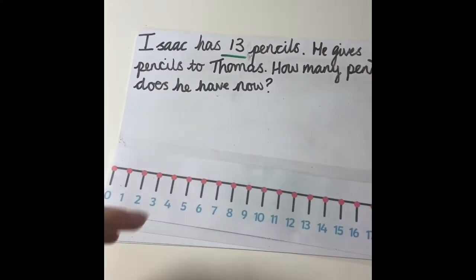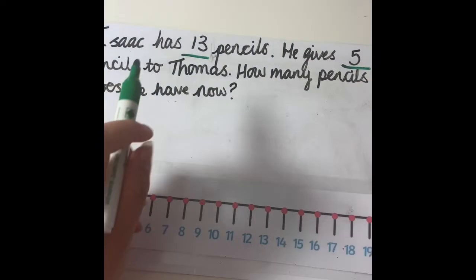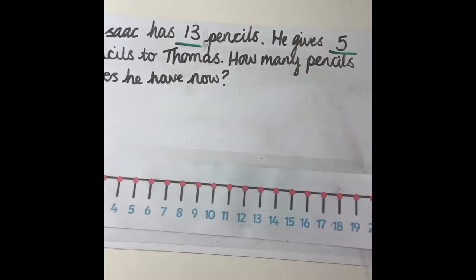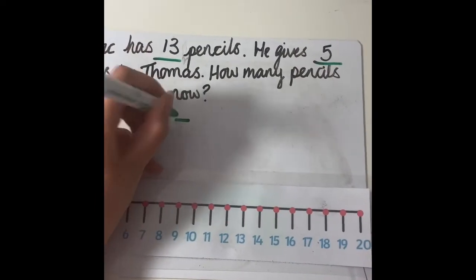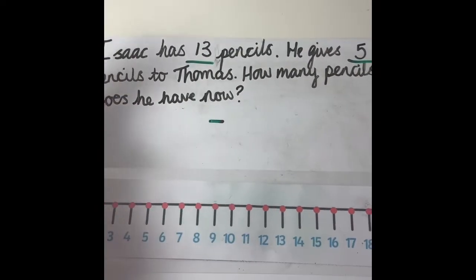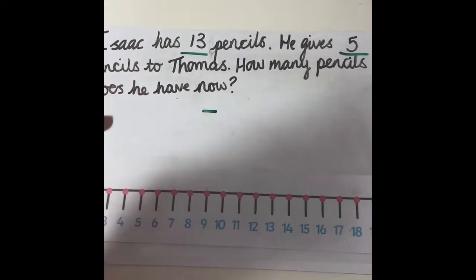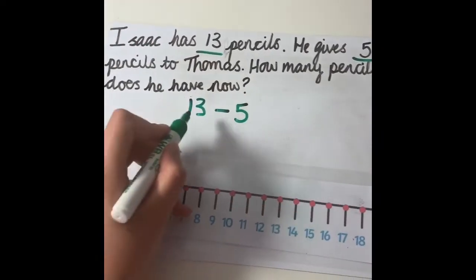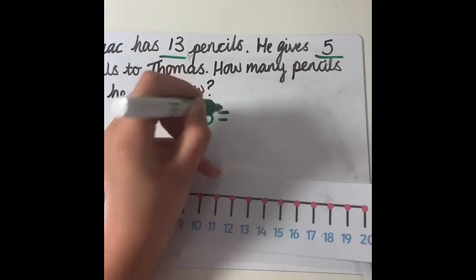Is it addition, subtraction? Isaac has 13. He gives pencils to Thomas, so he's only got this left. Okay, so it's now a takeaway because he's giving it away. He's not adding any more to it. He's giving them away. So he has 13. He's given away 5. So it's 13, take away 5.